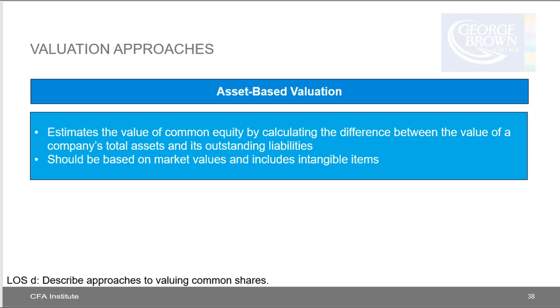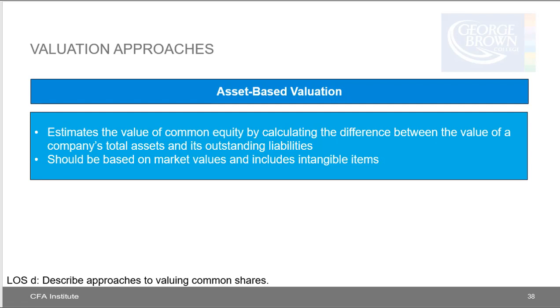As a result, estimating the value of the equity of a company by using asset values directly from the balance sheet may provide an invalid value estimate. To improve accuracy, estimates of current market values may be used in place of historical asset values reported on the balance sheet. But you could imagine that would be very hard to do. Also, some assets may not be included on the balance sheet because of financial reporting rules. That's called off-balance sheet stuff, but we won't get into it at this point.